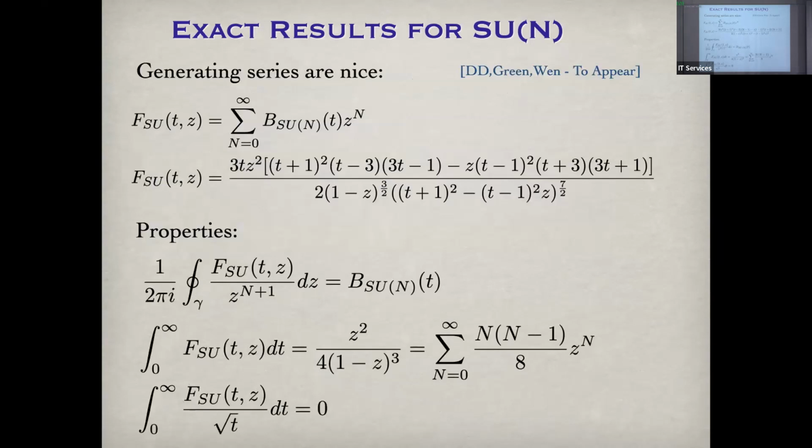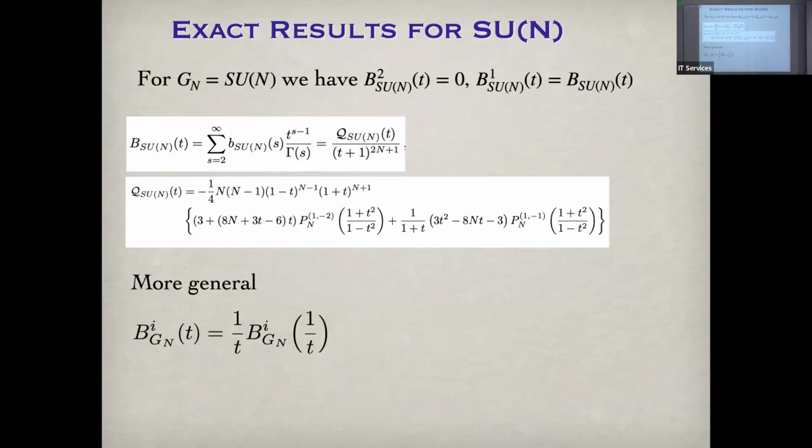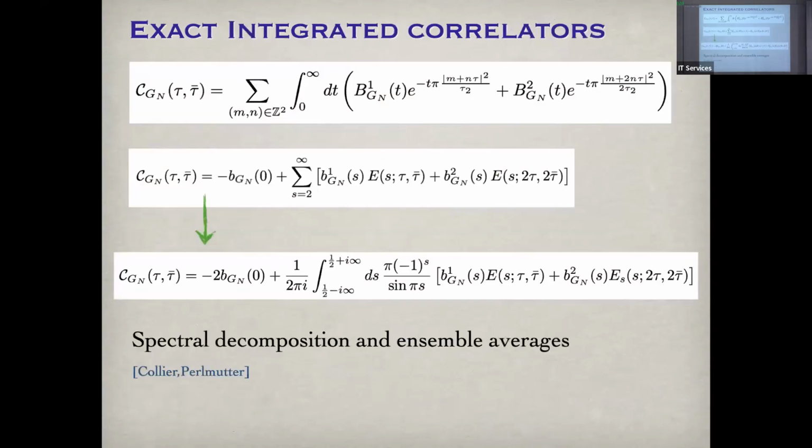It has a lot of properties. Well, obviously, the way we do it is so that if we take the residue at 0 of the n plus 1 power, we get the SUN function. The integral over t of this generating series is identical to the question that Sal was asking before. If I set m equal to n equal to 0, the exponential factor drops, and so I need to worry about the integral over t.